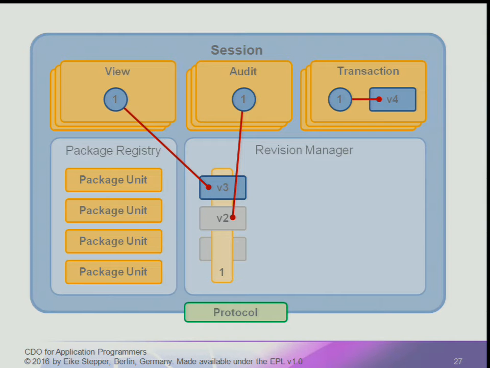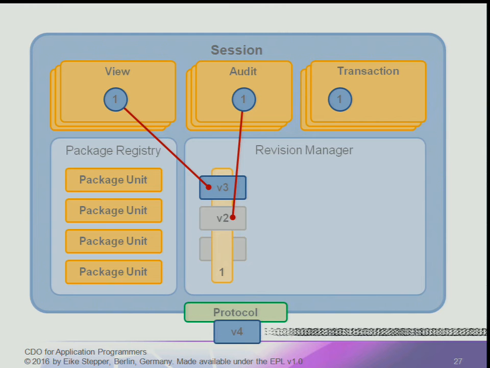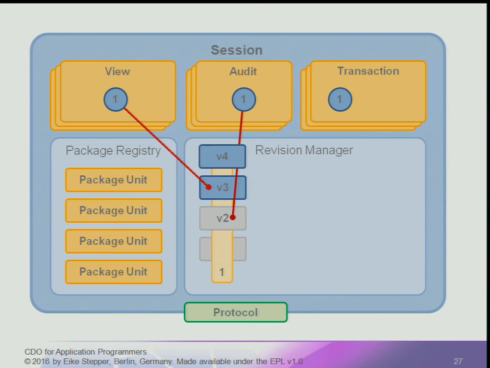It becomes a transactional revision. Then you can change it, and when you commit the transaction, all these changes are sent over the wire to the repository, stored in a database. The other clients are notified. A response comes back. And if you paid attention, even this view here, this read-only view, automatically rewired the objects to the latest available revision.